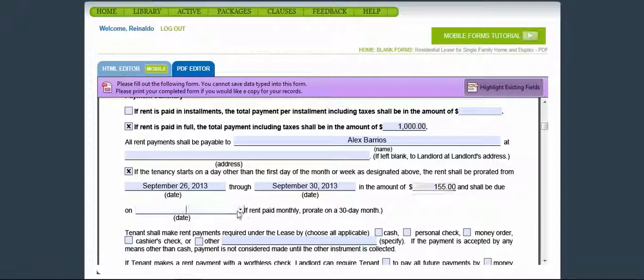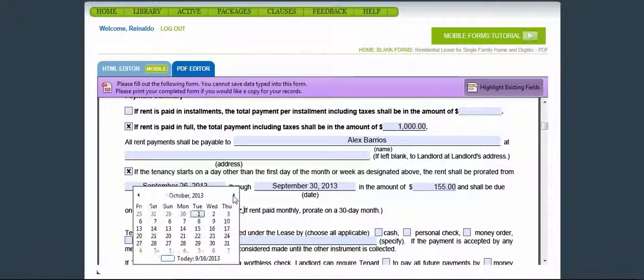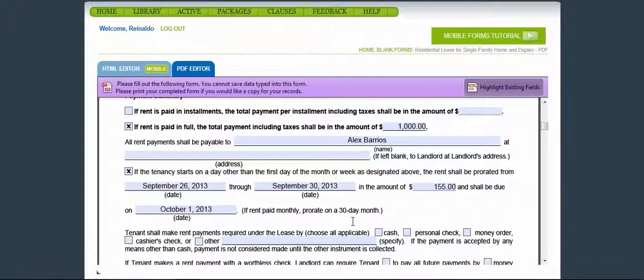And that should be paid at the beginning of the term. So all you're doing here is you're prorating everything to a 30-day. So if it's $1,000, you would divide 1,000 into 30 days, and that should give you $33.33 per day.